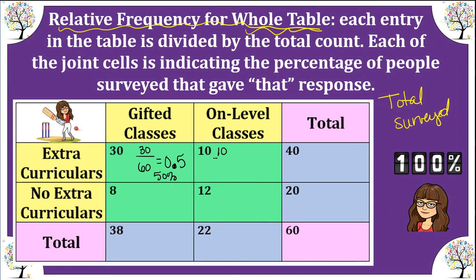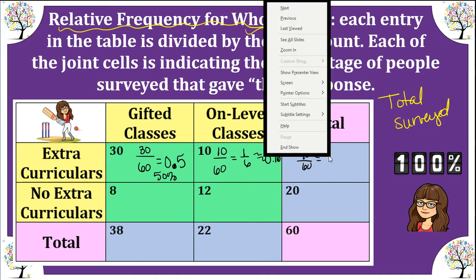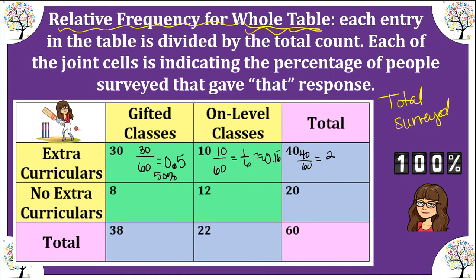Here we have 10 out of 60. That's going to give us 1/6. And then as a decimal, that's going to be about 0.16, and the 6 is repeating. Then we have 40 out of 60, which simplifies to 2/3, which is about 0.6 repeating.